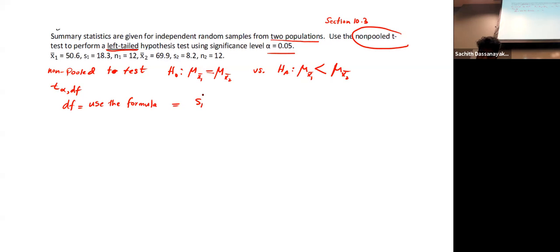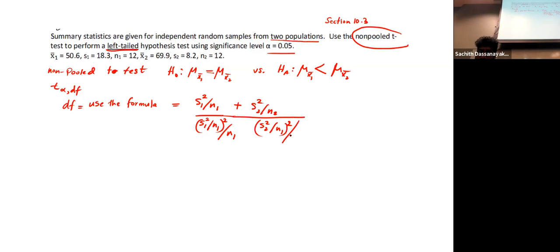So, S1 squared over N1, divided by... plus S2 squared divided by N2.